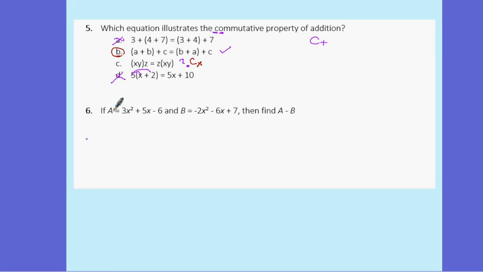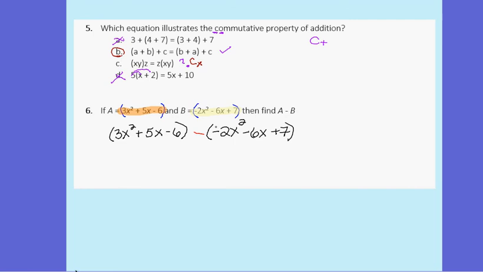Let's begin number 6. It says if A is this trinomial and B is this trinomial, then find A minus B. So we have A minus B. Let's start with the setup. It's important to show parentheses to group that I had A first, this trinomial, and then we are to subtract B, negative 2x squared minus 6x plus 7.